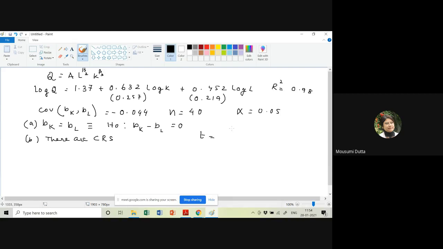So what we have to do, we need to write the relevant T statistic. As he mentioned, in the numerator, actual coefficients are B, and we are using the estimated values.